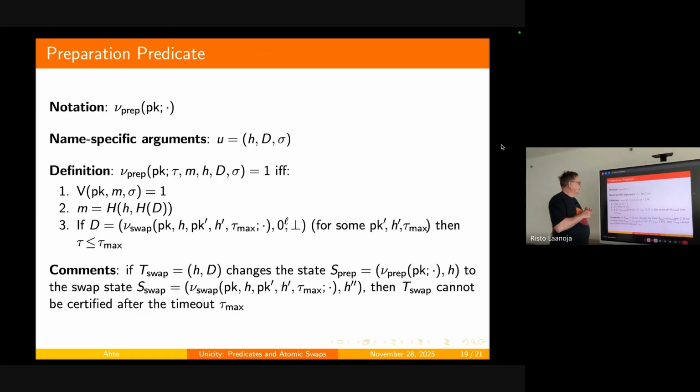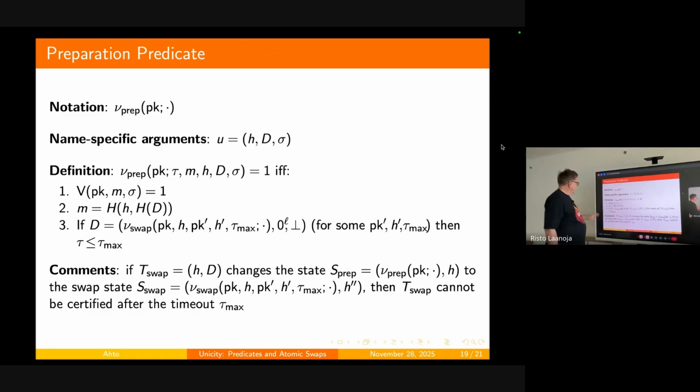But we can't guarantee that. The most important thing to mention here is that preparing a token does not mean you will lose control over it. You still have full control over the token. Okay, so this predicate seems to be very similar to the signature verification predicate.